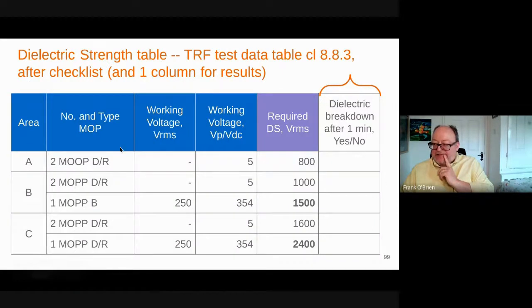This isn't the insulation table. It sure looks like it, right? But it's the dielectric values. And then, it's this table. But when we were doing insulation diagrams, I included the dielectric value with the creepage and clearance. But in the test report, there are two different tables.